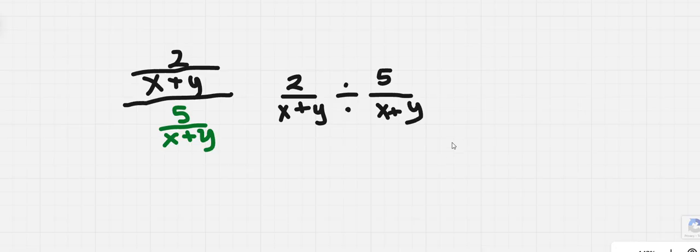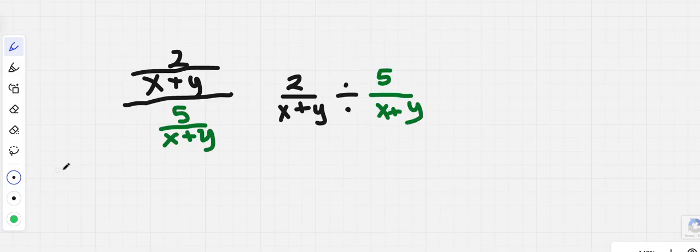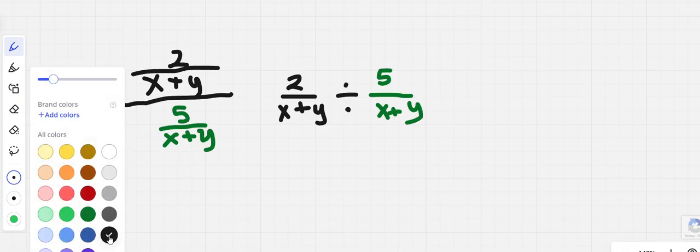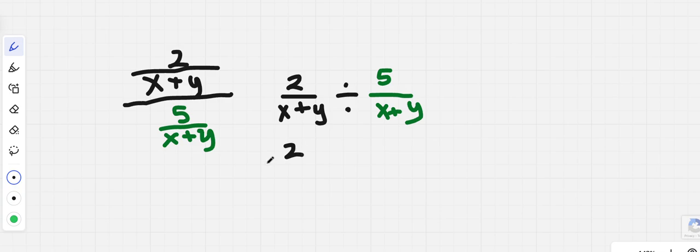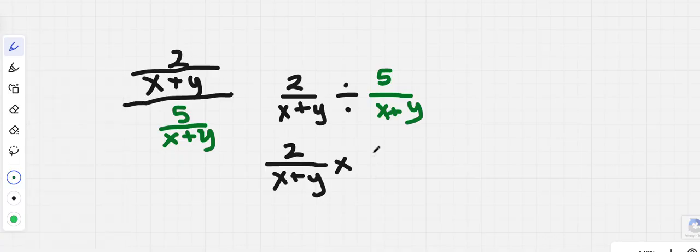And when we are dividing fractions, we keep the first fraction the same. So 2 over x plus y. Change our division symbol to multiplication. And we write the reciprocal of the second fraction. So x plus y over 5.